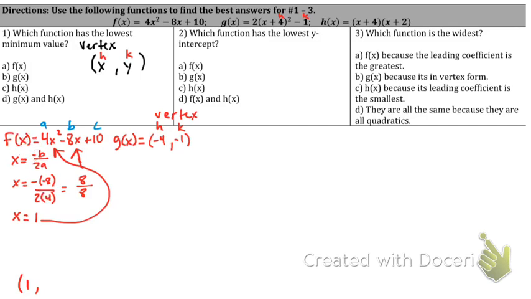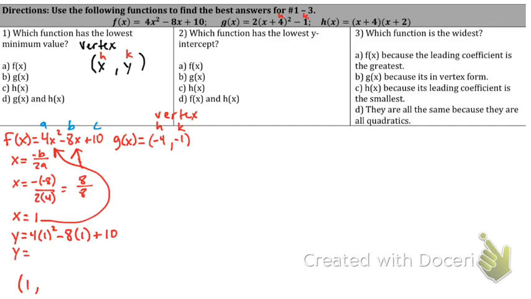So I could write it like this: y equals 4, and now instead of x squared, I'm plugging in 1. So it's going to be 4 times 1. Use parentheses to plug stuff in. Minus 8 times 1 plus 10.